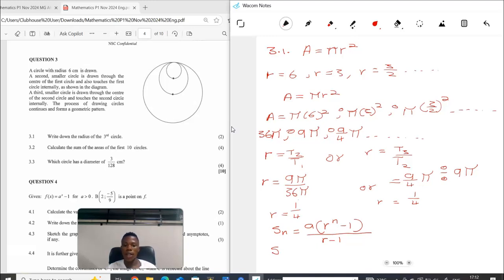When you see n, we substitute 10, because they say calculate the sum of the areas of the first 10 circles.